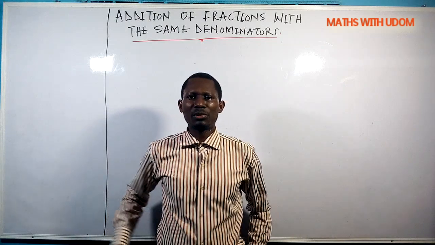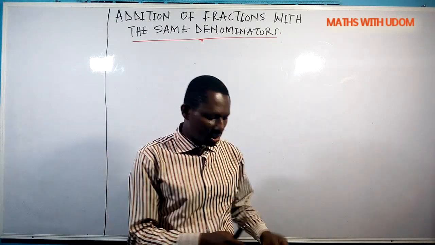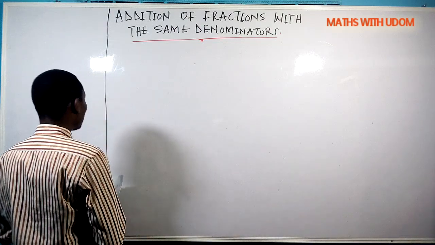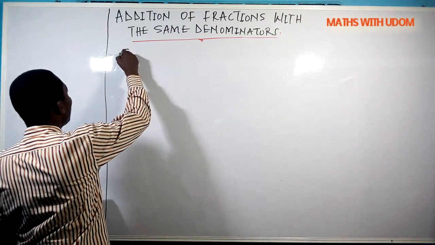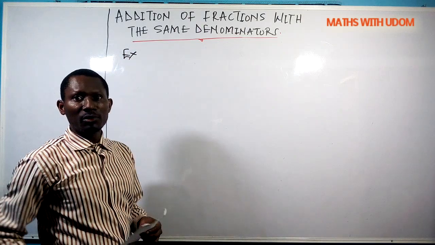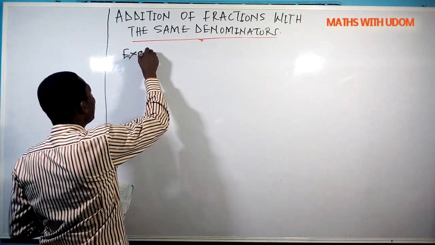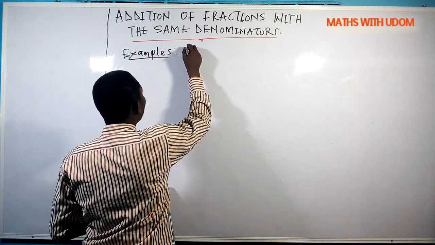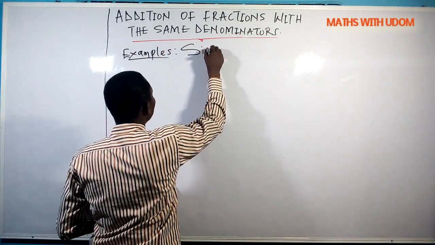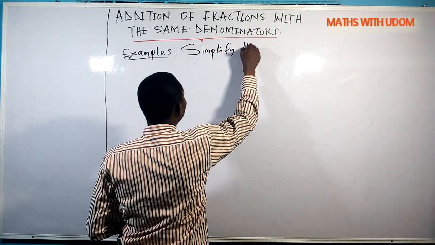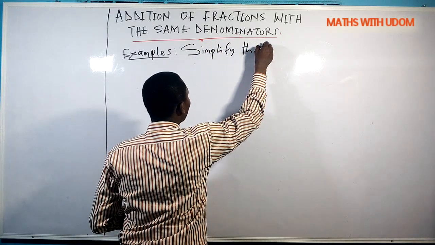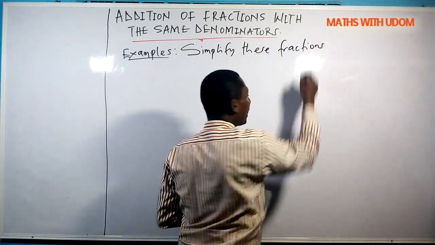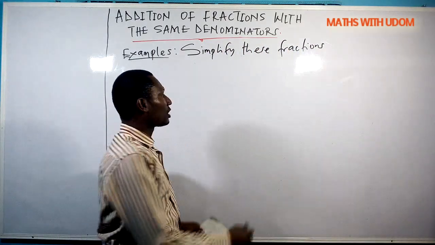So the first method, let's look at some examples to buttress our point. Are we together? The examples say simplify these fractions.